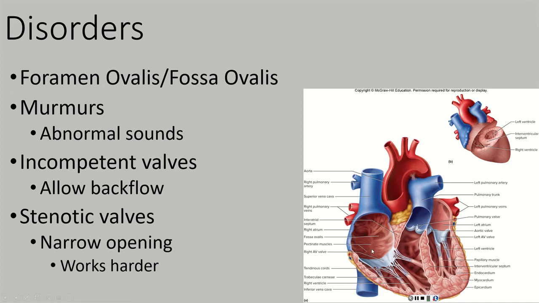There's still going to be some blood going down into the right ventricle and going to the lungs, but it's not really serving much of a purpose. So a lot of the blood takes a shortcut from the right atrium through the foramen ovalis into the aorta and off to the body.